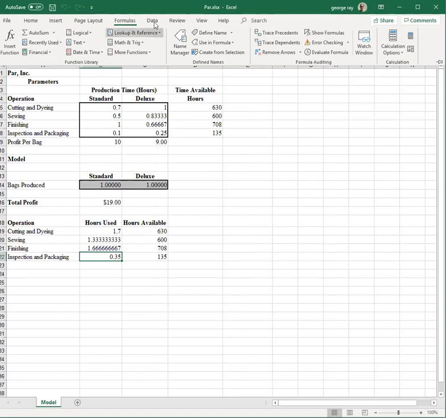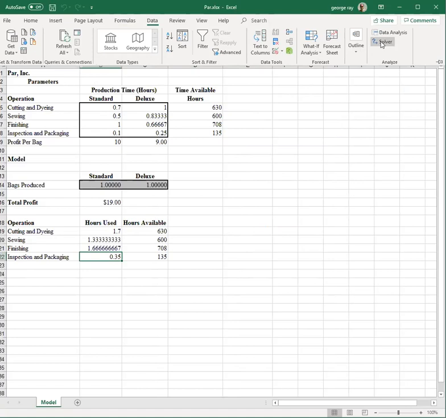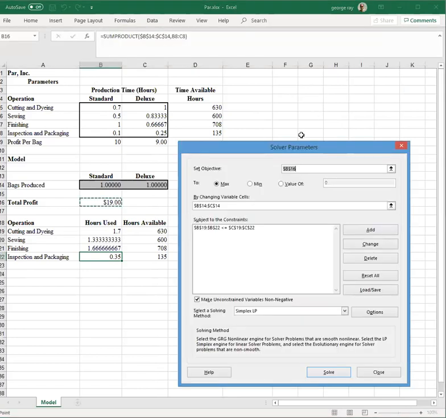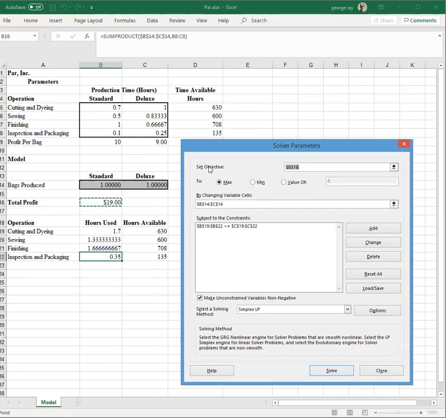Let's take a look at how we set up Solver to help us determine the optimal amounts. First thing we do is set our objective function. In this case, it's B16, the cell that has our total profit formula. We're going to maximize that. We have other options.